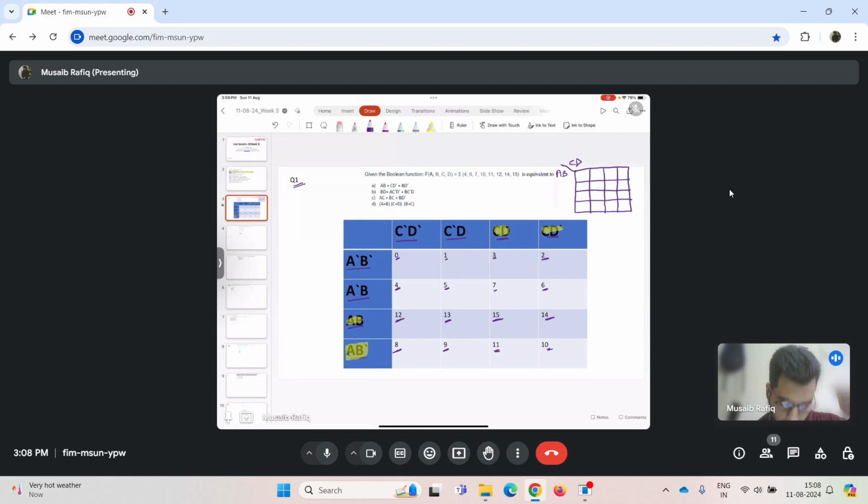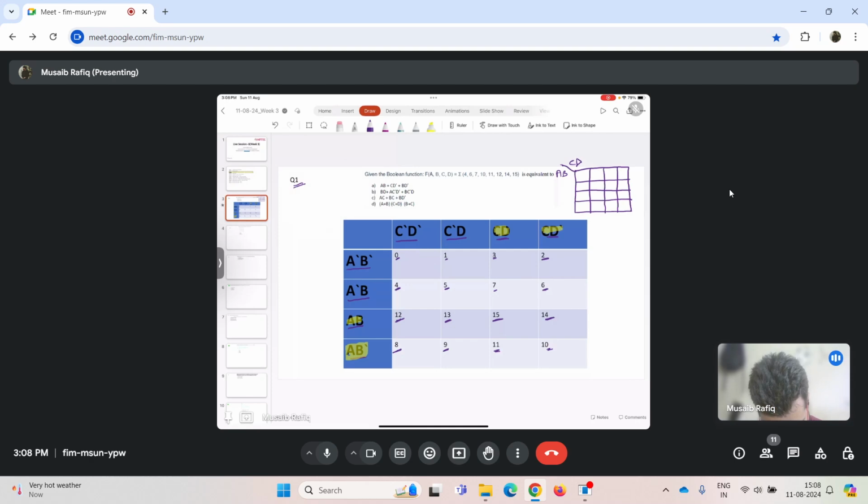Now we need to minimize the function. The function is equal to sum of minterms 4, 6, 7, 10, 11, 12, 14 and 15. All of those minterms which are in the function, we'll mark with 1, writing 1 at their corresponding positions.